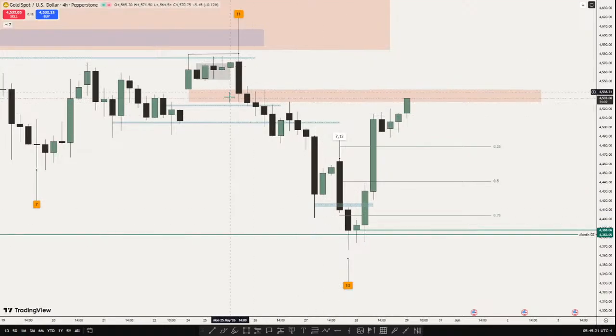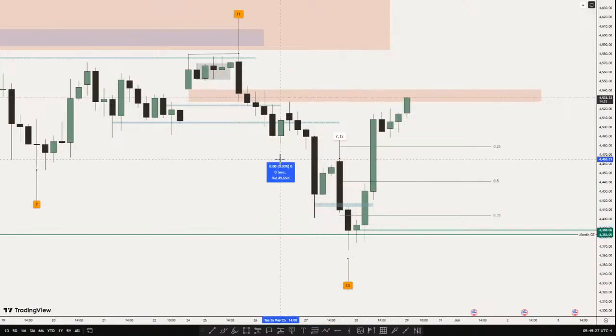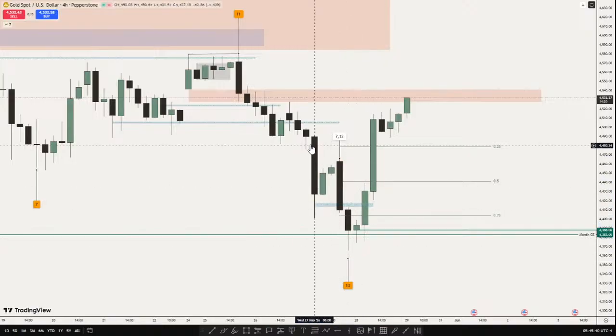If I count from here, I get 14 here and then 15 here. If I count from this swing high and swing point, I get the 8th number here and then the 9th here. 9 is an important number, which is good. And if I count from here, I will just get 3.